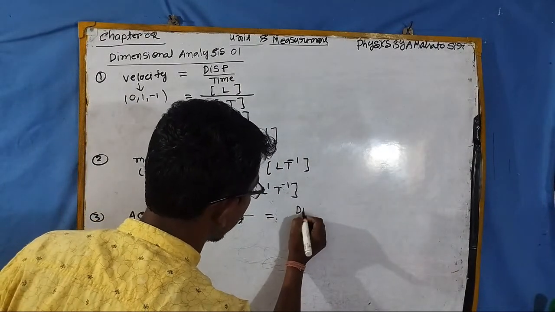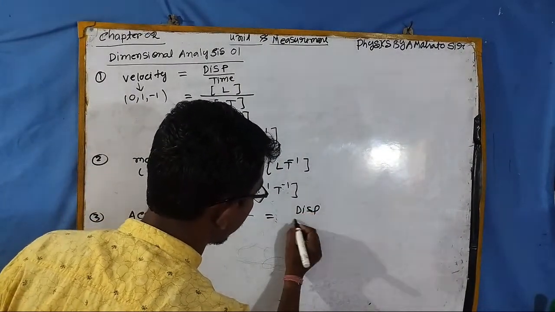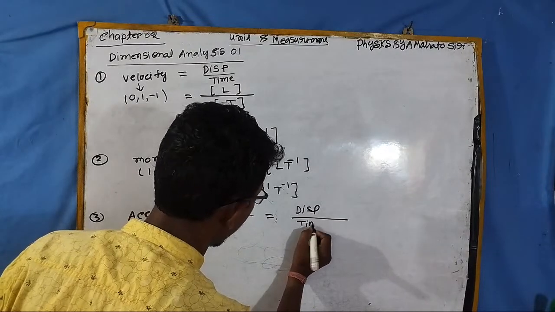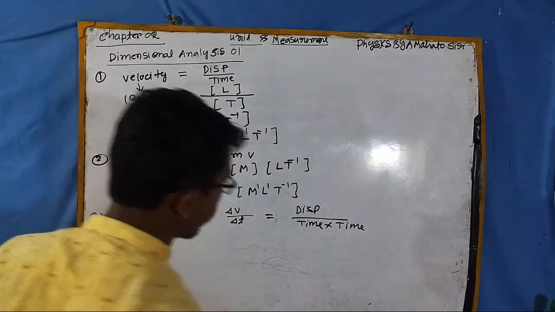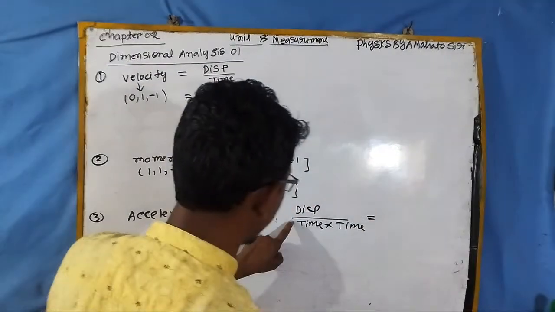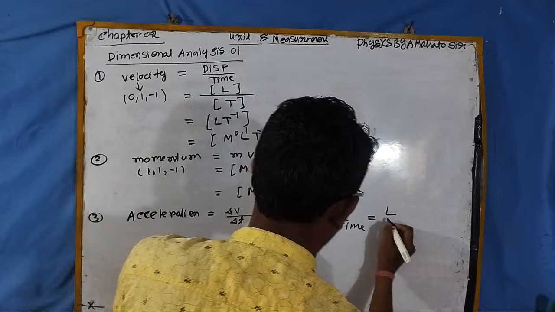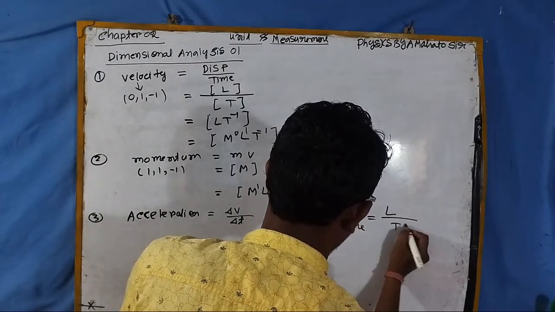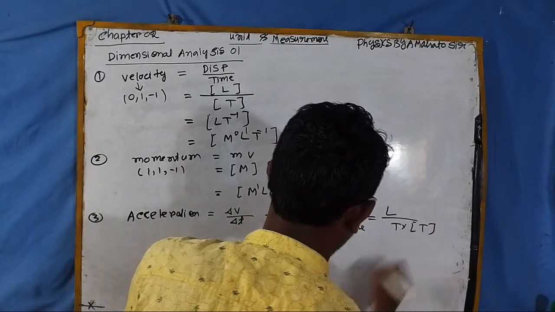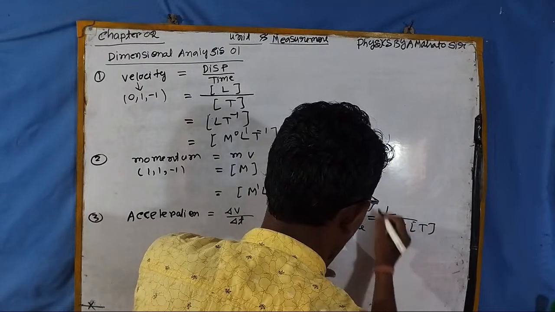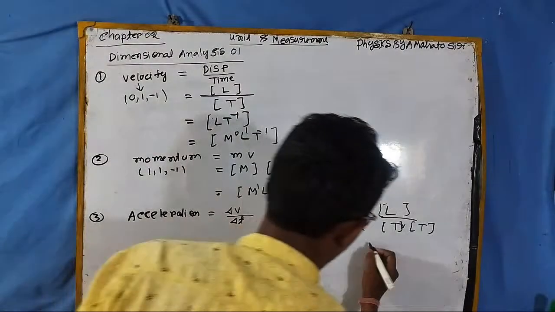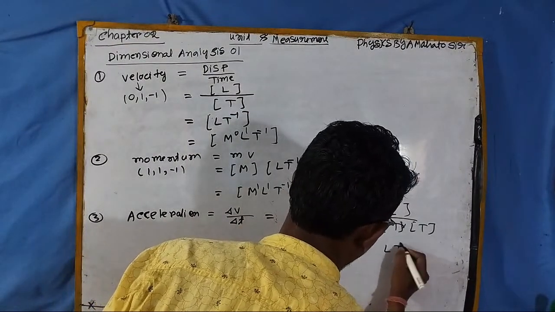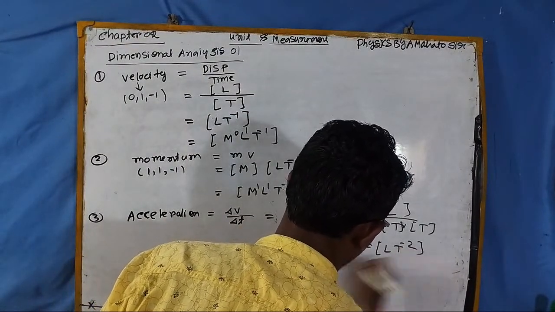Velocity is displacement upon time, and time is time. So displacement dimension is L, time dimension is T. So L T minus 2.